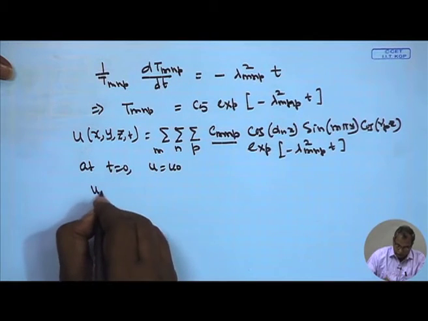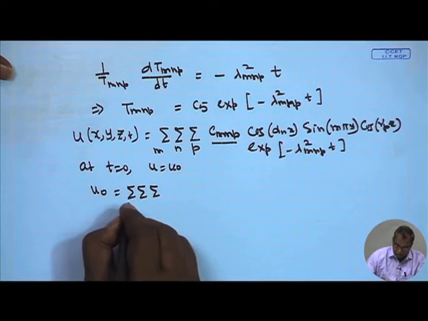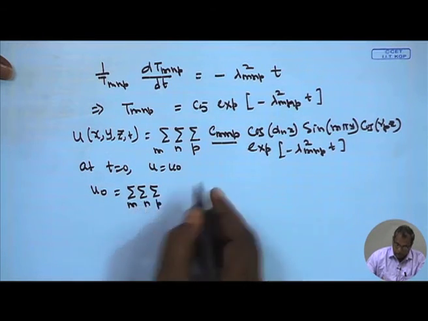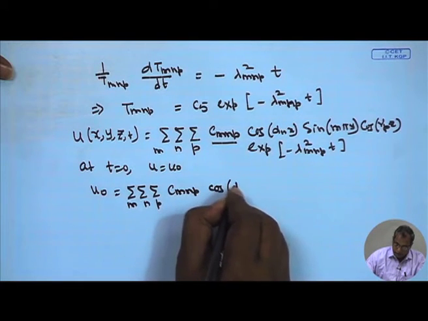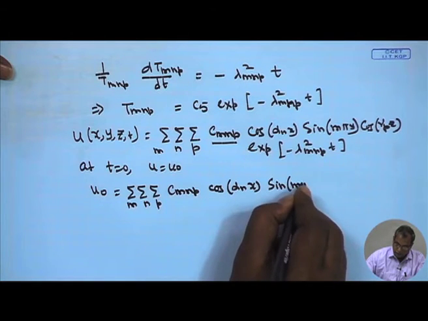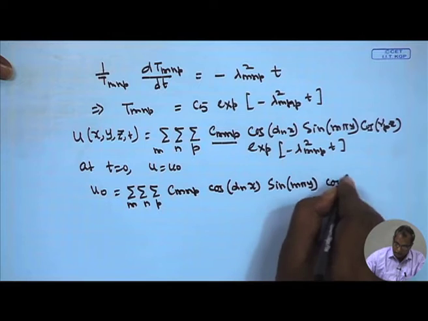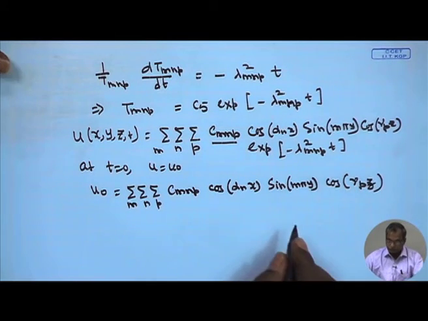So, if you put it there, you will be getting a triple summation of 1 over m n p, C m n p cosine alpha n x sine m pi y and cosine gamma p z.